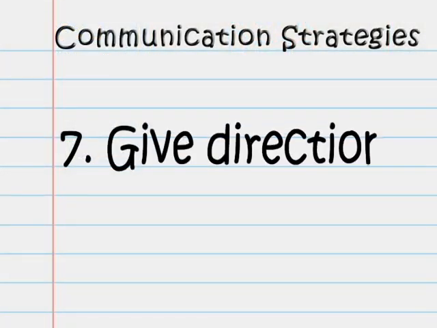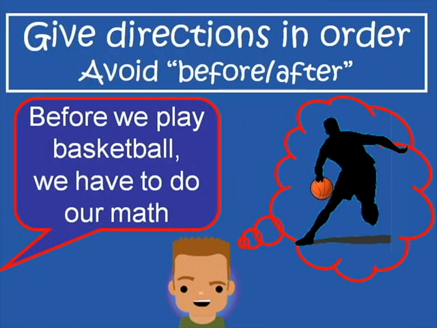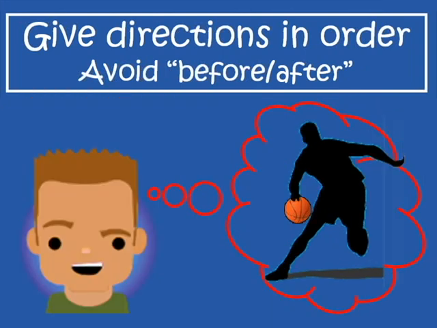Strategy number 7. Give directions in order. If we tell a learner that before we play basketball, we have to do our math, the learner may hear, play basketball, do math. In this case, the first activity heard is assumed to be the first activity they will do.